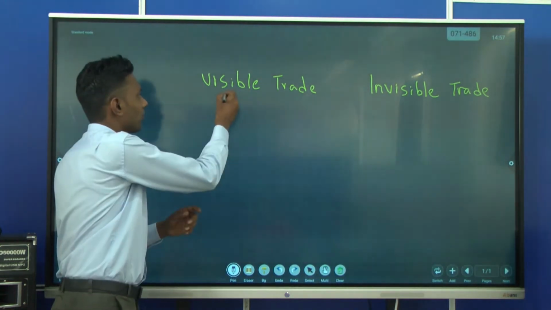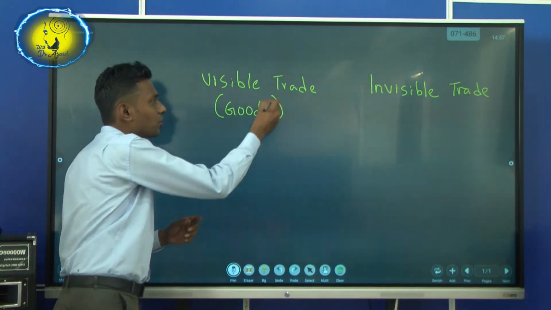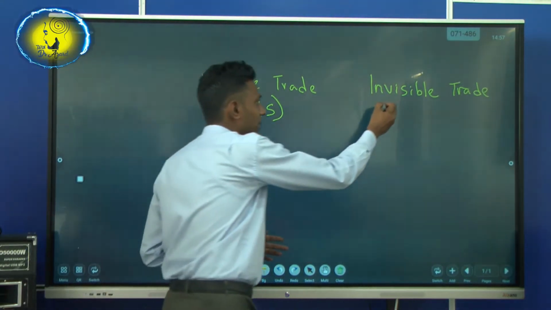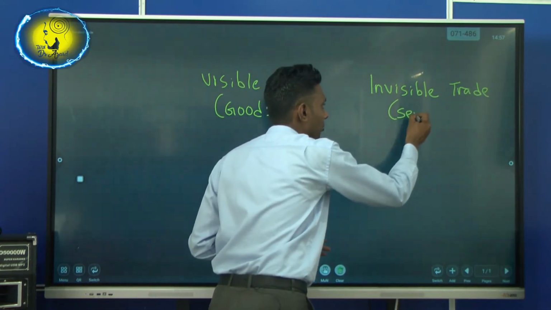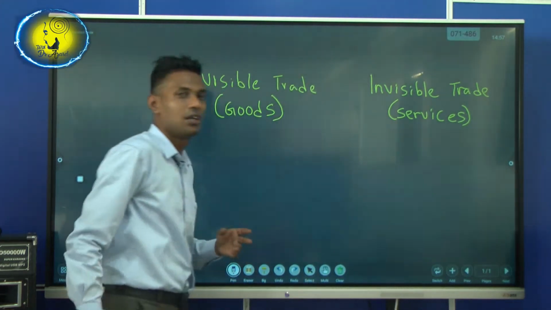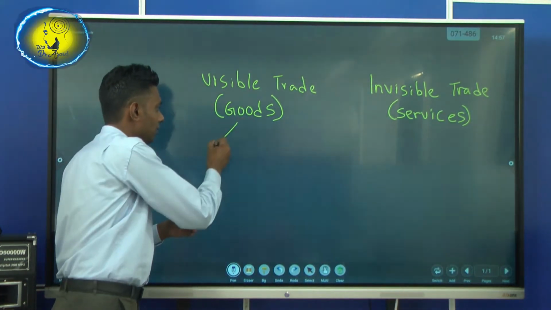Visible means the trade of only goods. Invisible means the trade of services.